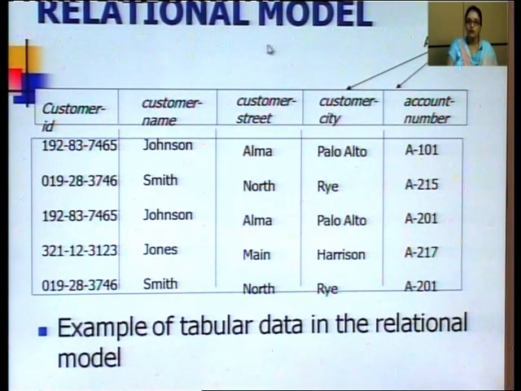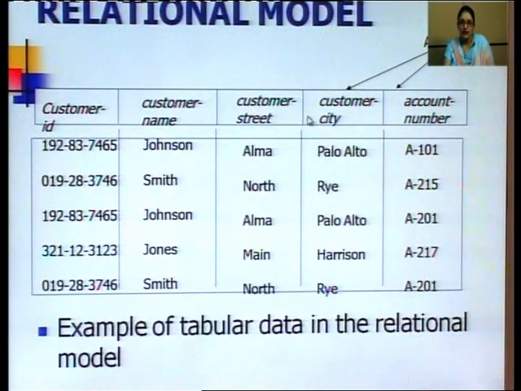A relational model is represented in tabular form having rows and columns, in which the column headings are known as the attributes of the table. This is a table or a relation named customer, which has attributes customer ID, customer name, customer street, customer city and account number.